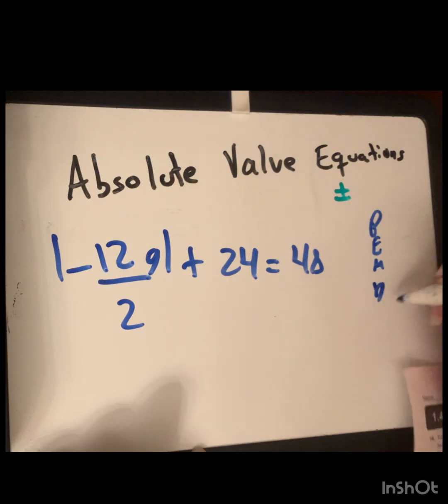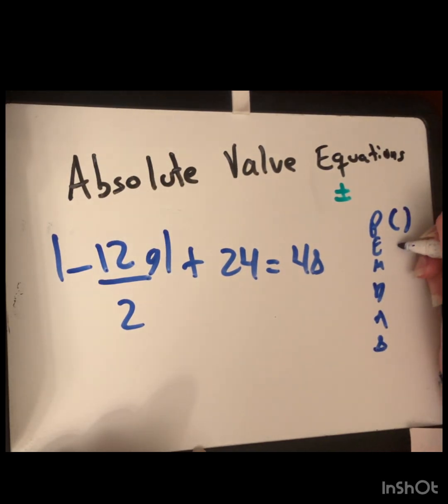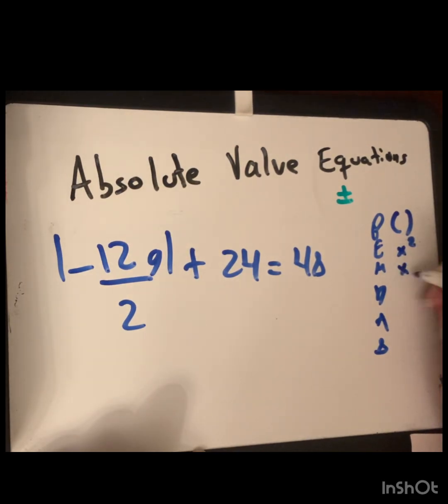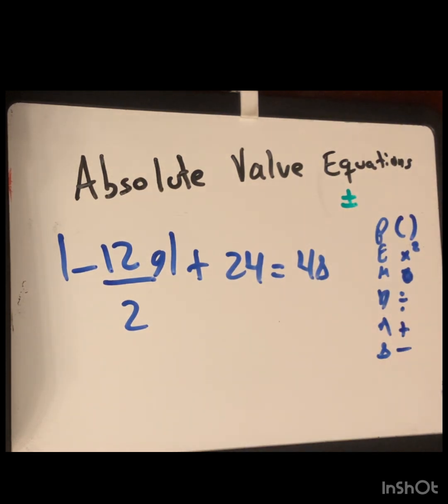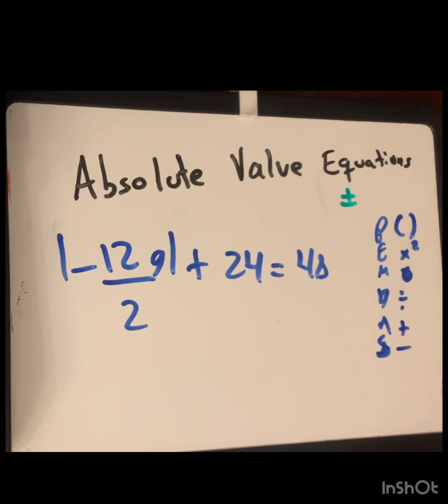This is going to help you guys a lot in all of math. My sibling showed it to me. It's parentheses, exponents, multiplication, division, addition, subtraction. So this is the order of things you should do.